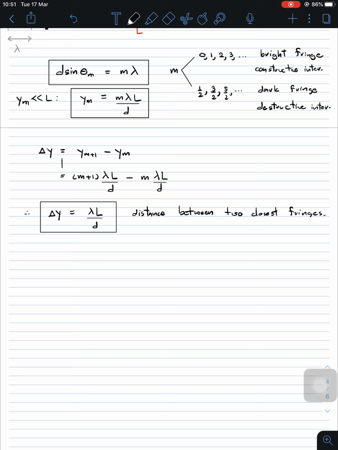It means the bright fringe to the bright fringe, or the dark fringe to the dark fringe. Let me just specify: from bright to bright, or from dark to dark.